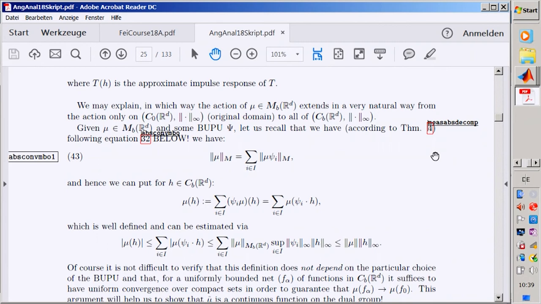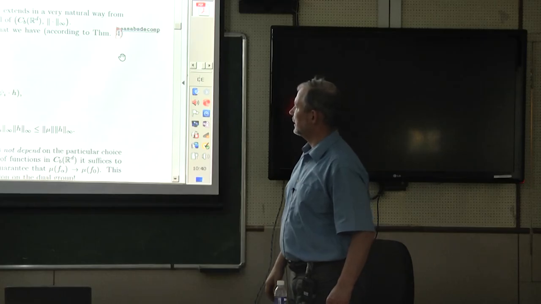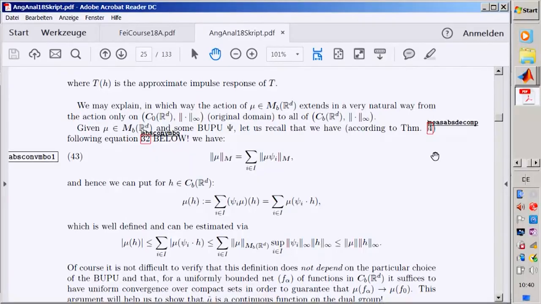And this is really clear: if this sum is absolutely convergent, because the sum is some finite number, then I can take finite partial sums, and that means I take all the important pieces where the rest of the summand is smaller than epsilon, and I have already my approximation, which then finishes the proof of the other one.